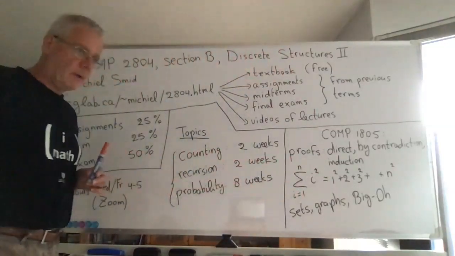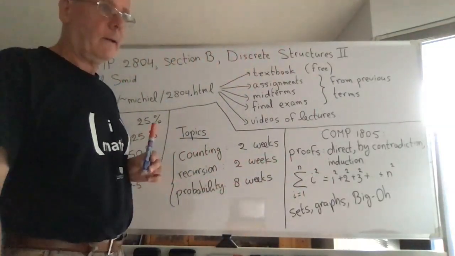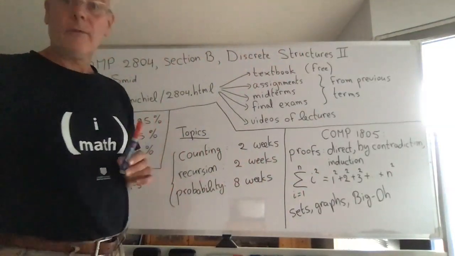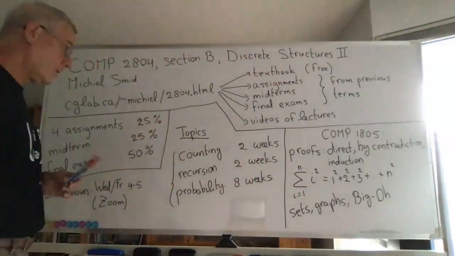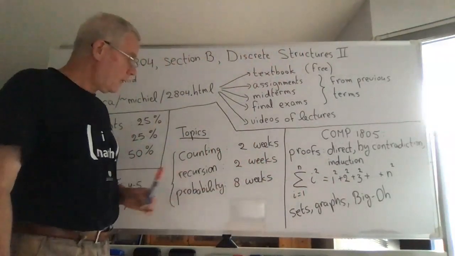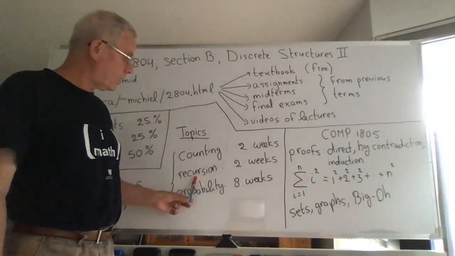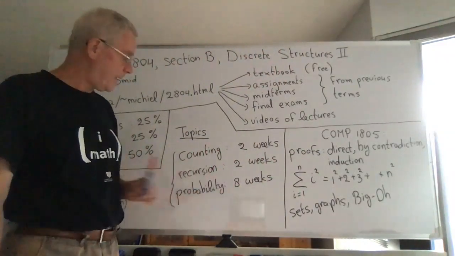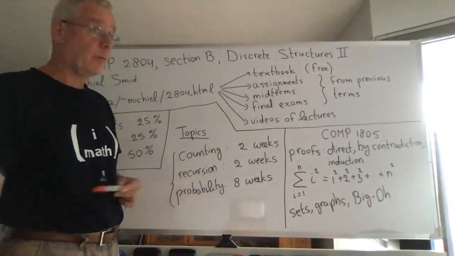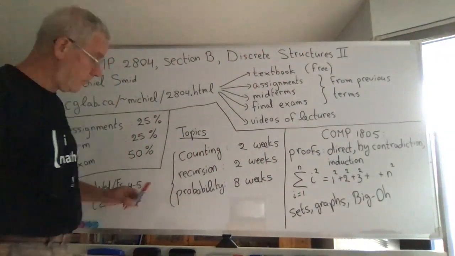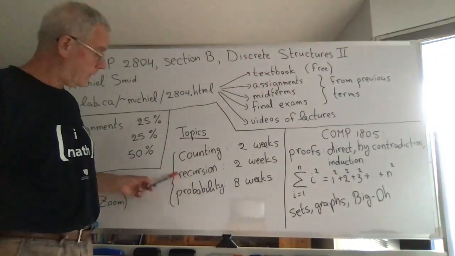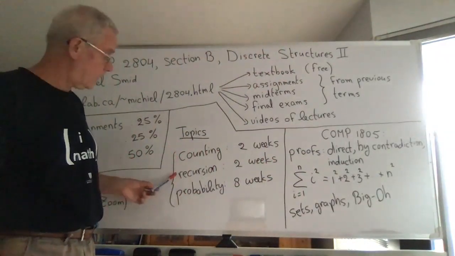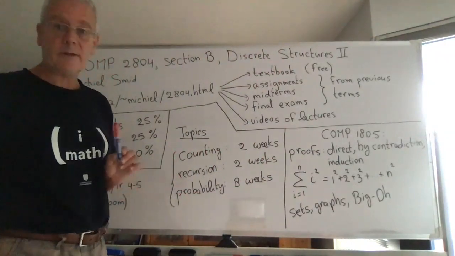For example, how many bit strings of length 100 are there? How do you determine that? Then we will do about 2 weeks on recursion, and the rest, about 8 weeks, will be on probability. Keep in mind that probability uses both counting and recursion as well.